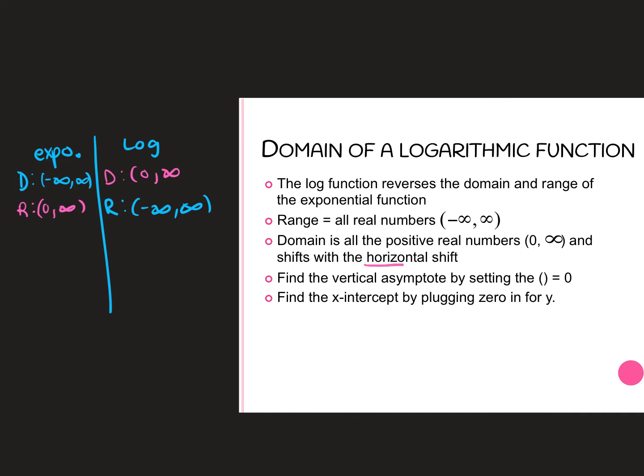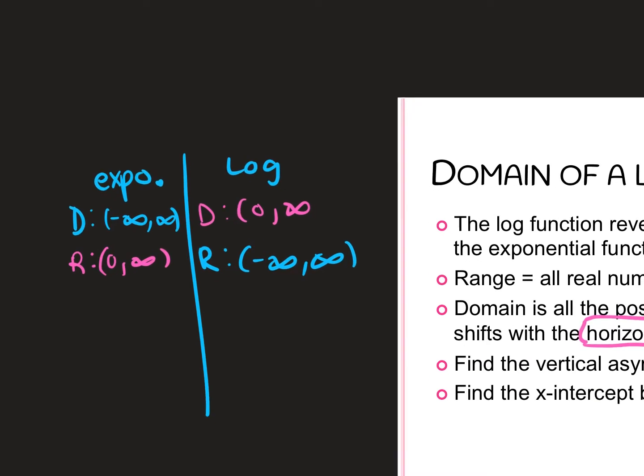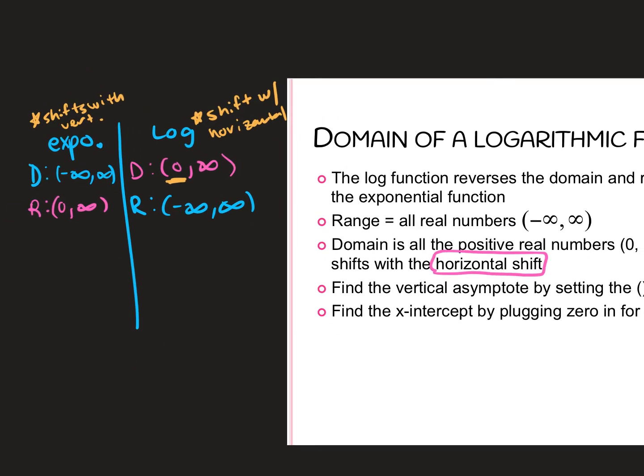And it shifts with horizontal shifts. So before, exponential functions shifted with vertical shifts. Log functions shift with horizontal shifts. So our domain could change, this number could change if we shifted to the left or to the right.